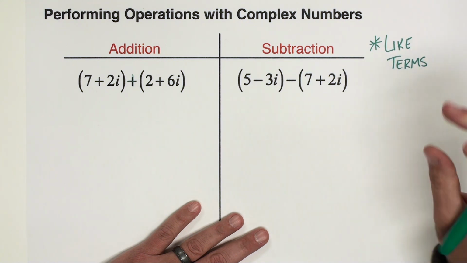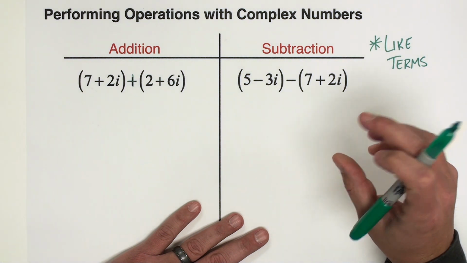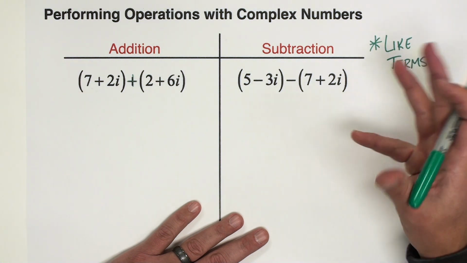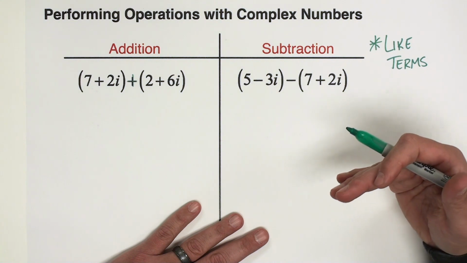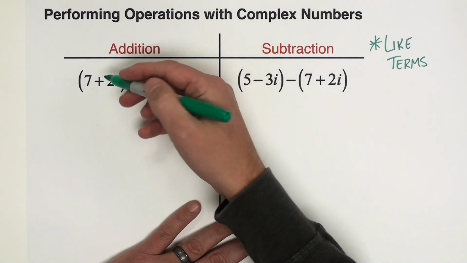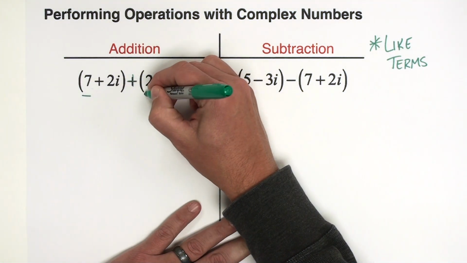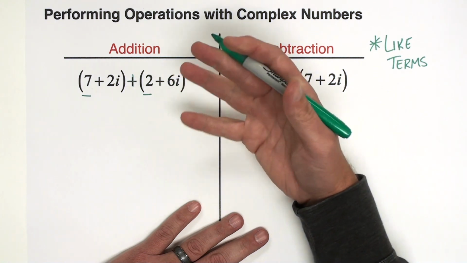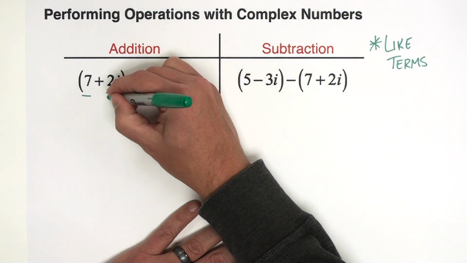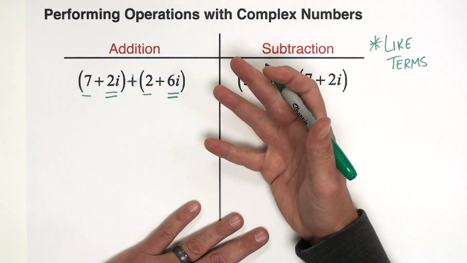You can think of the i, the imaginary number, simply as a variable and just work the problem like you would any variable expression. So when I look at this, I look for my like terms. 7 and 2 are like terms because they are real numbers. And 2i and 6i are like terms because they are imaginary numbers.